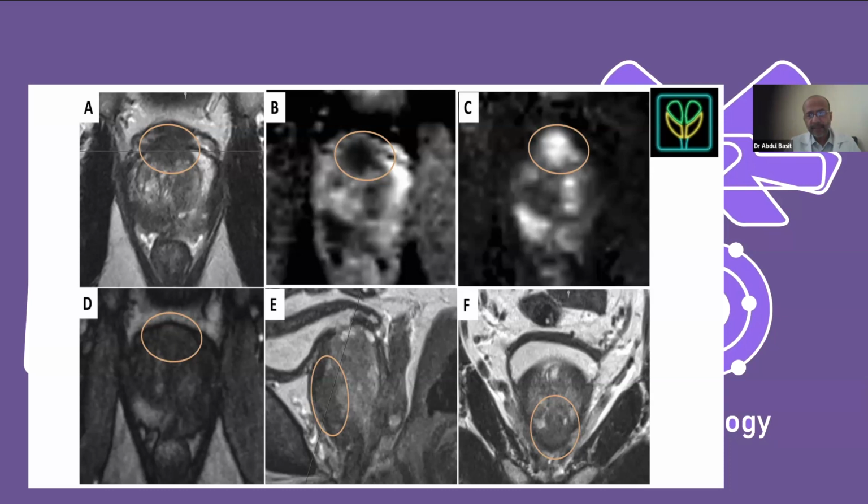On the bottom images, we can see another lesion here, the same lesion taken in sagittal and coronal sections, showing extension beyond the capsule of the prostate gland.